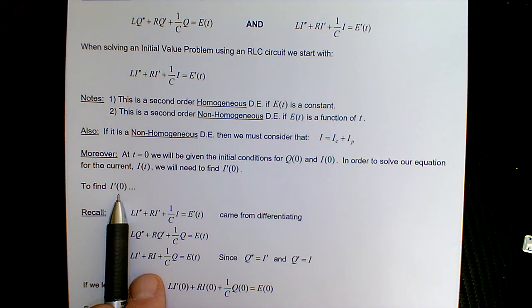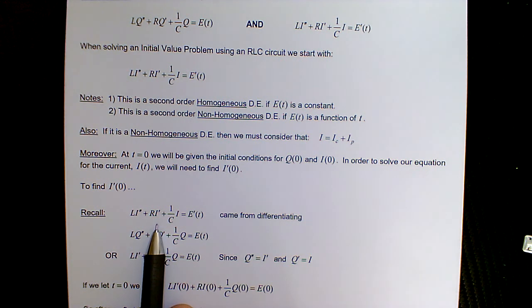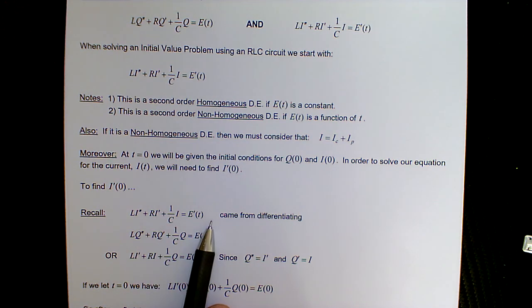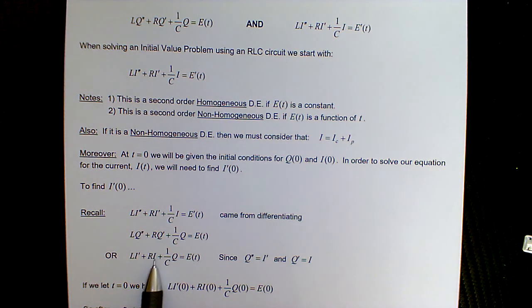So to find I prime of 0, first consider the equation Li double prime, etc. And recall that that came from taking the derivative of L Q double prime, because Q double prime is I prime and Q prime is I. So we replace those, and we have this equation in terms of I and Q. So it's kind of a mixed equation, but necessary, because note that we're going to know L, we're going to know R, and we're going to know C. And we will also know I and Q at t equaling 0.